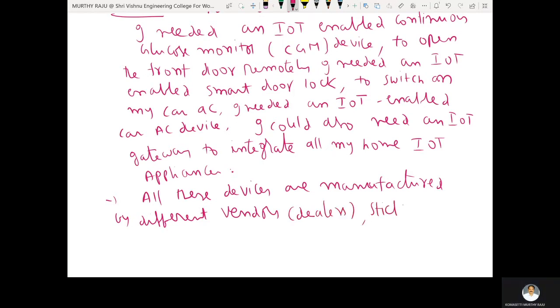They are stuck to different low level network protocols and standards.